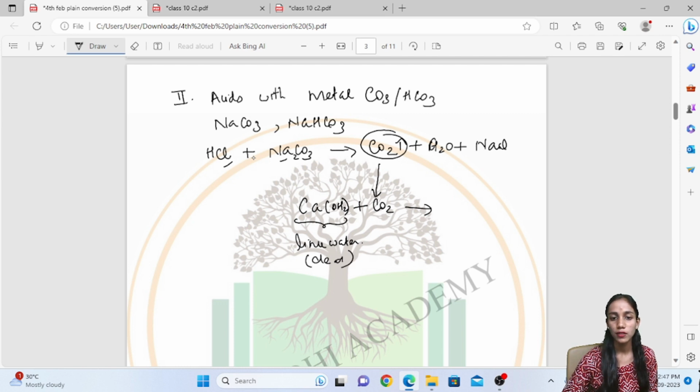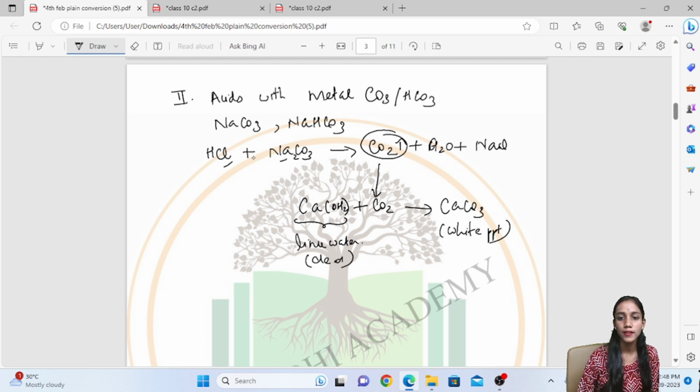When you pass carbon dioxide in this, the reaction takes place and there is formation of calcium carbonate, which is a white precipitate. The white precipitate suspends in the entire solution.